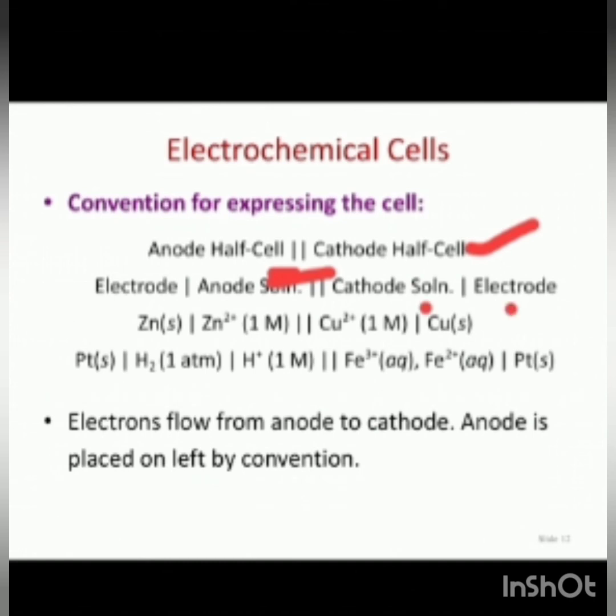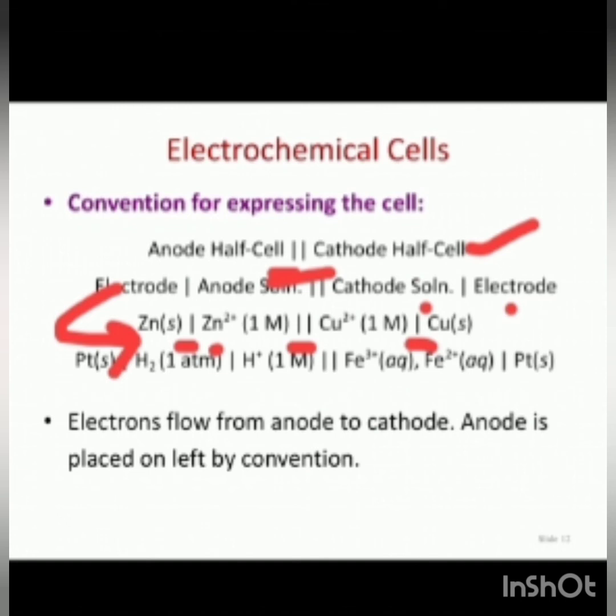So we can easily write the expression of the electrochemical cell. We can represent it as: electrode zinc solid, single vertical line, then anodic solution Zn2+, then double vertical line, cathodic solution Cu2+, then single vertical line, electrode copper. It means we move from left to right.